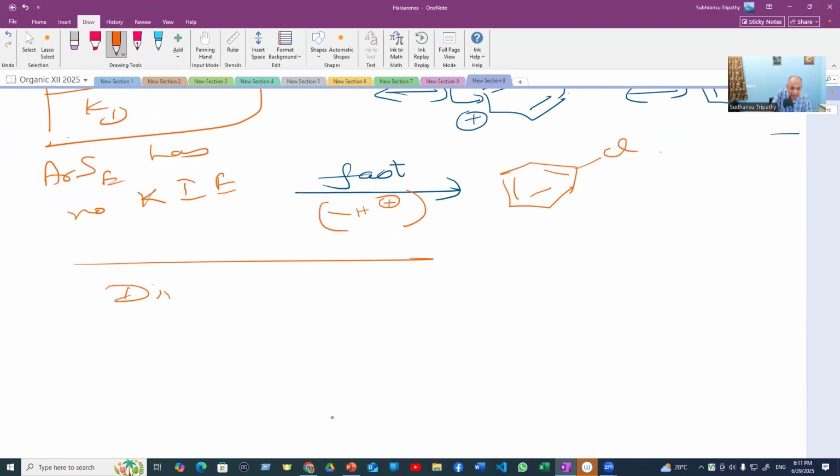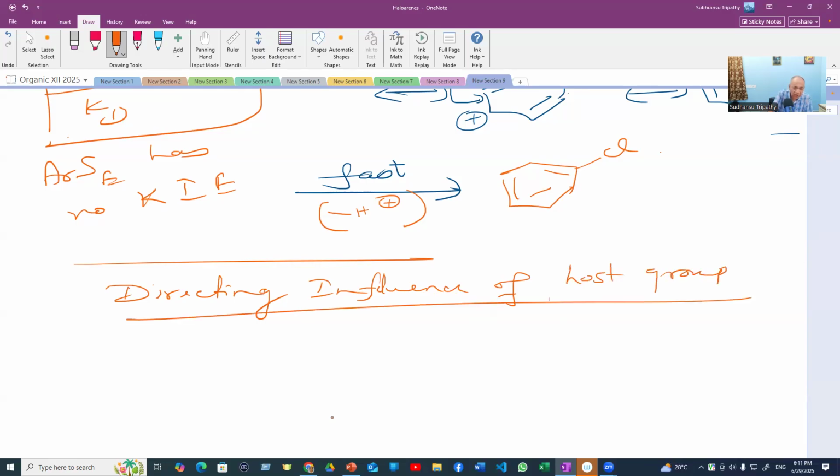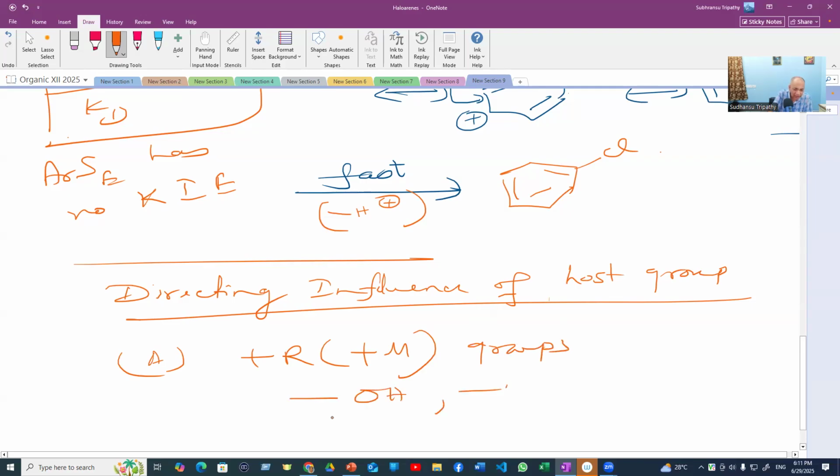The directing influence of host groups. Supposing other groups are there, when there is a plus R, as we sometimes call plus M groups, like OH, like NH2, like OR, there is a lone pair, like OCOR, acyloxy, OCOR.